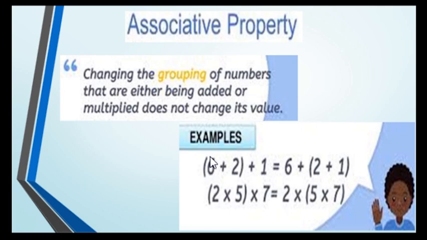If I do grouping of numbers, its value cannot change. It means changing the grouping of numbers that are either added or multiplied doesn't change its value.